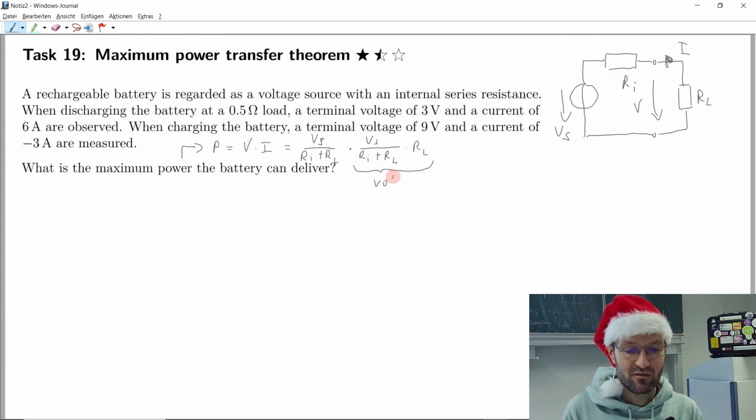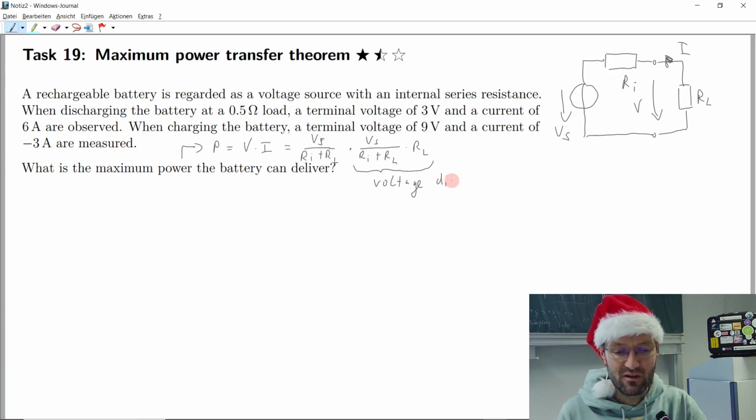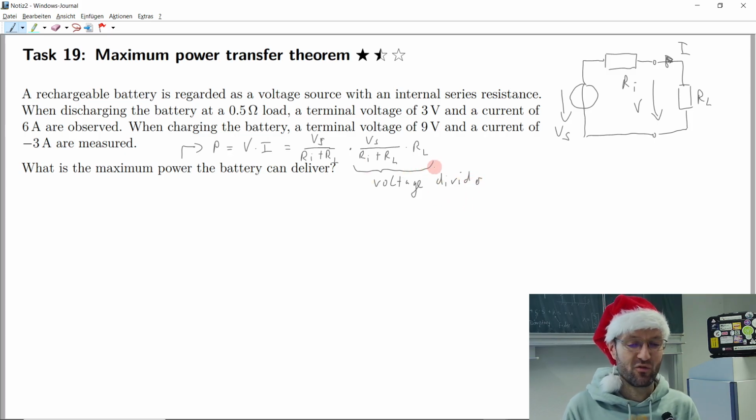This is the same thing as a voltage divider. And this would have been my way to calculate the voltage, but you can of course also do it like your way, and of course you get the same result. And so now we see we get already a pretty complicated formula that includes our source voltage and the inner resistance and the load resistance.